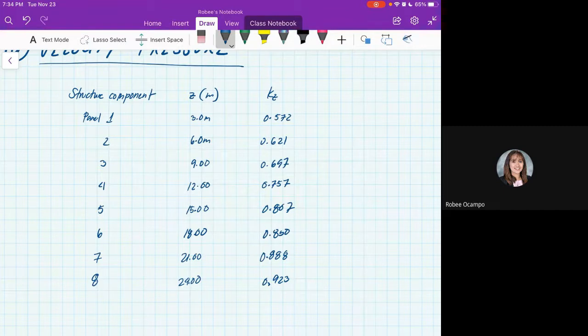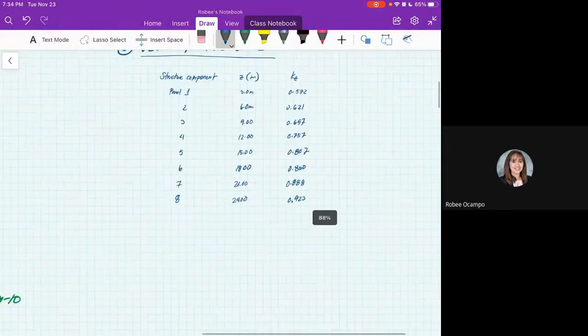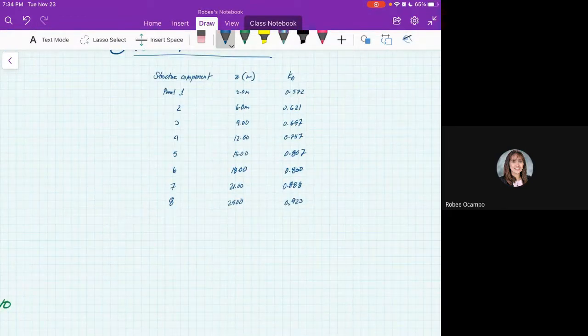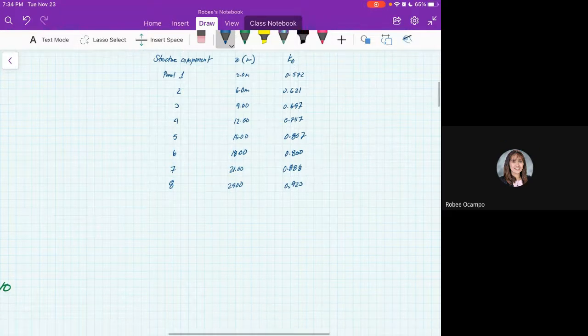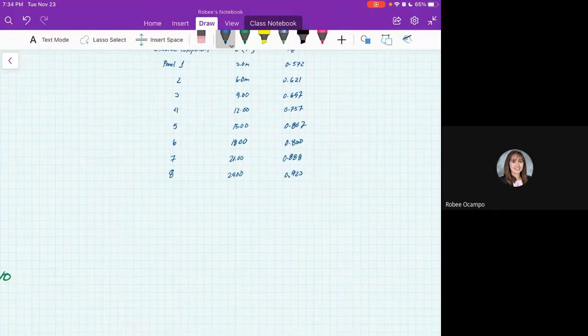Again, the values for our KZ is from our interpolation from the table 207D.3-1. So hindi kasi not all values of the height is given at the table. So if we don't have the specific value for KZ, we need to interpolate. Okay? Now, meron na tayong values for KZ for every value of our Z based on the height of every panel, no? So we can now compute for the value of our velocity pressure QZ. Okay?